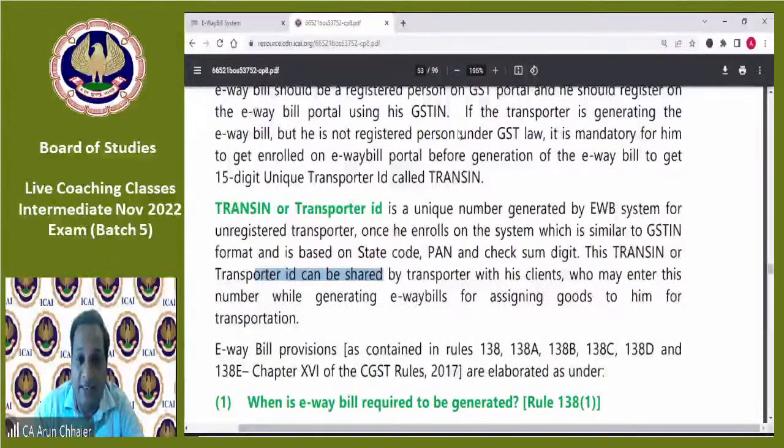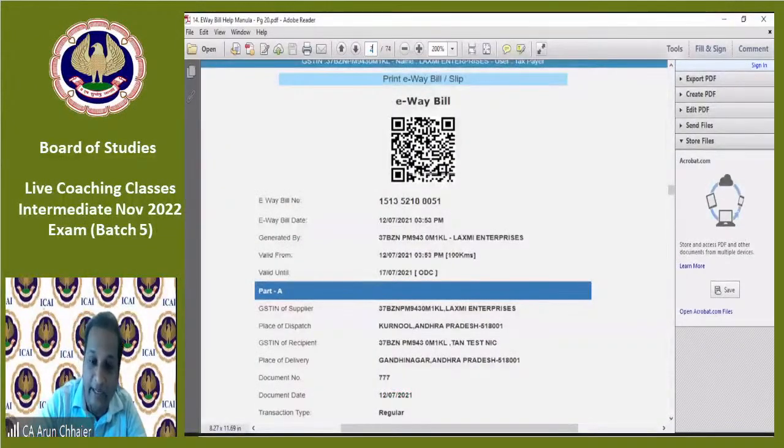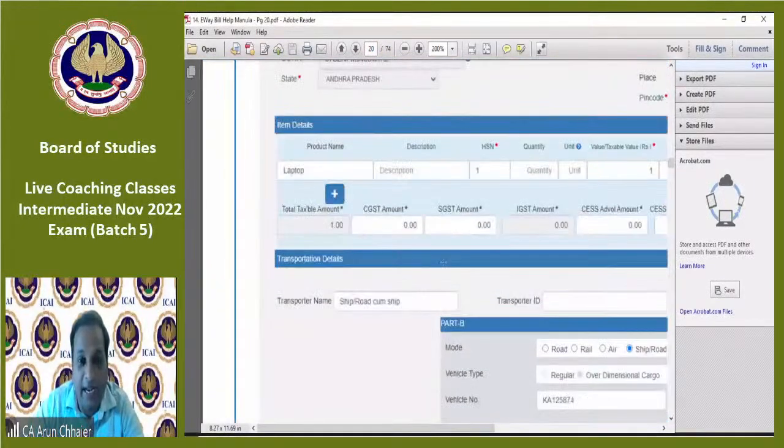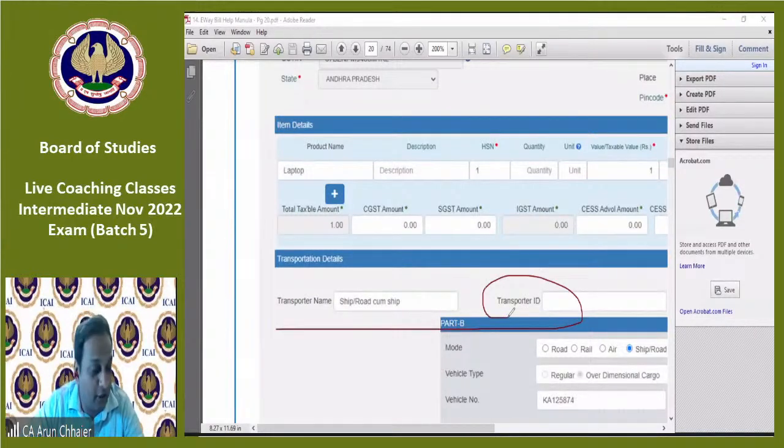Now you may ask where the transporter ID would be entered. We have just discussed it. This is the e-way bill format, and the last field of Part A is transporter name and transporter ID.